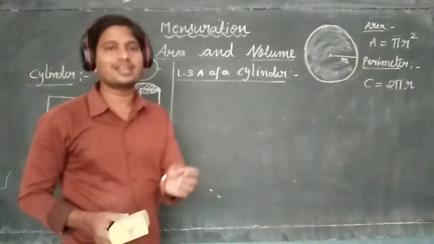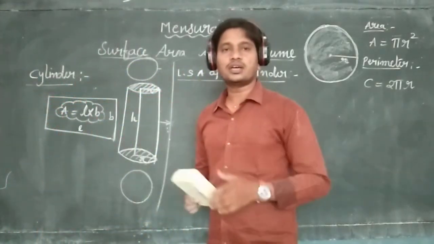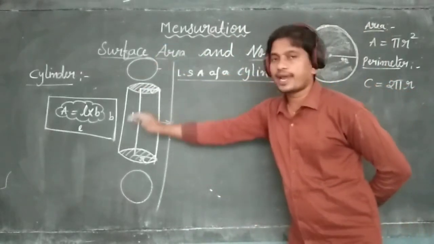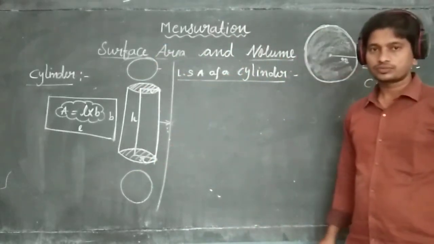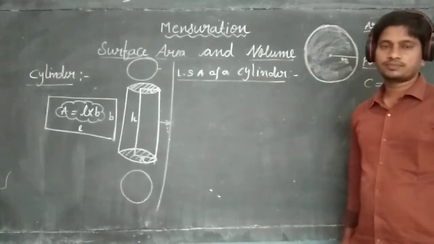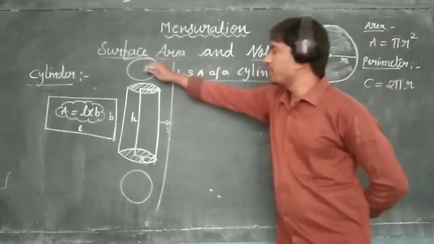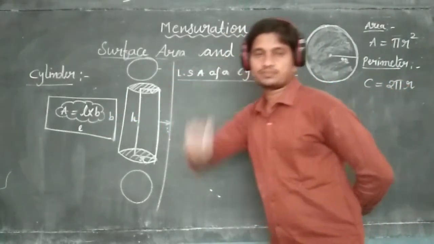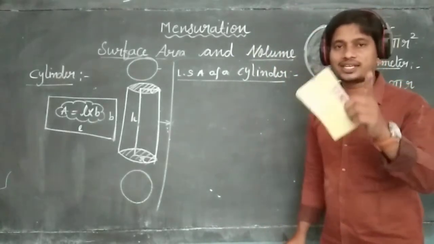When finding the lateral surface area of a cylinder, we have to remove its top face and bottom face, so we consider only the rectangular face.